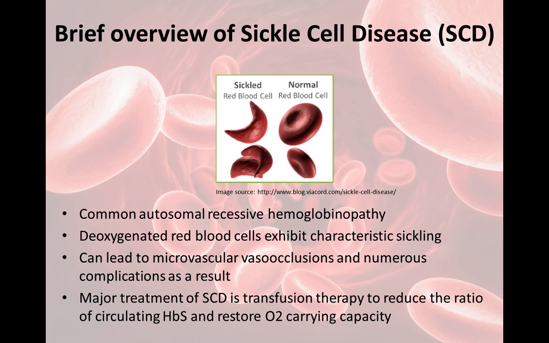This form does not allow the red blood cell to pass through organs and tight vasculature and can lead to the systemic microvascular occlusions and many other health issues associated with the disease. The only real way to treat the disease is to supplement with transfusion therapy to ultimately reduce the ratio of hemoglobin S and restore oxygen carrying capacity.